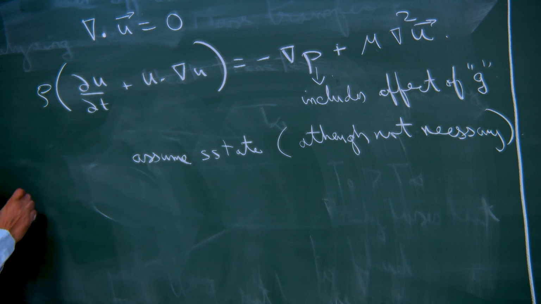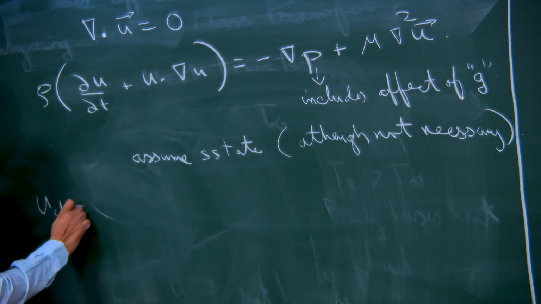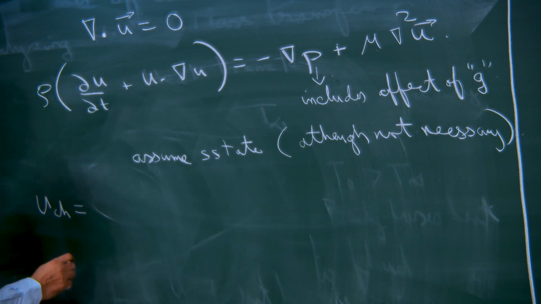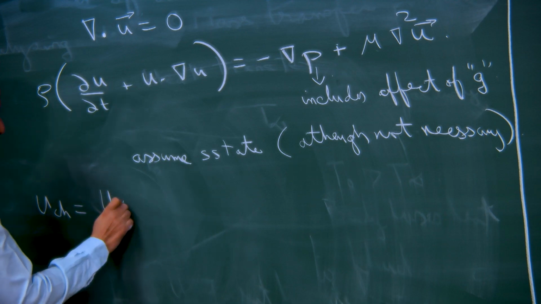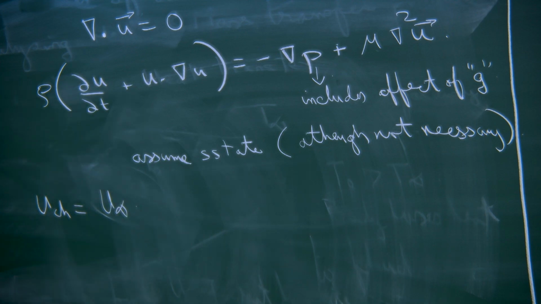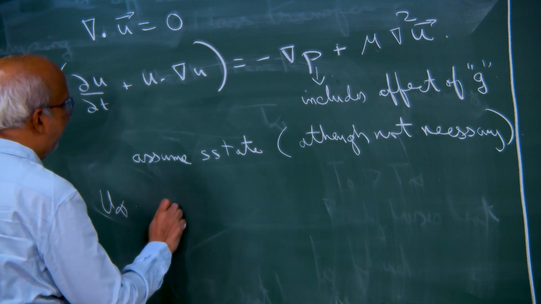So, u characteristic will be, let us say, u infinity far away, okay. And then what else do you have?